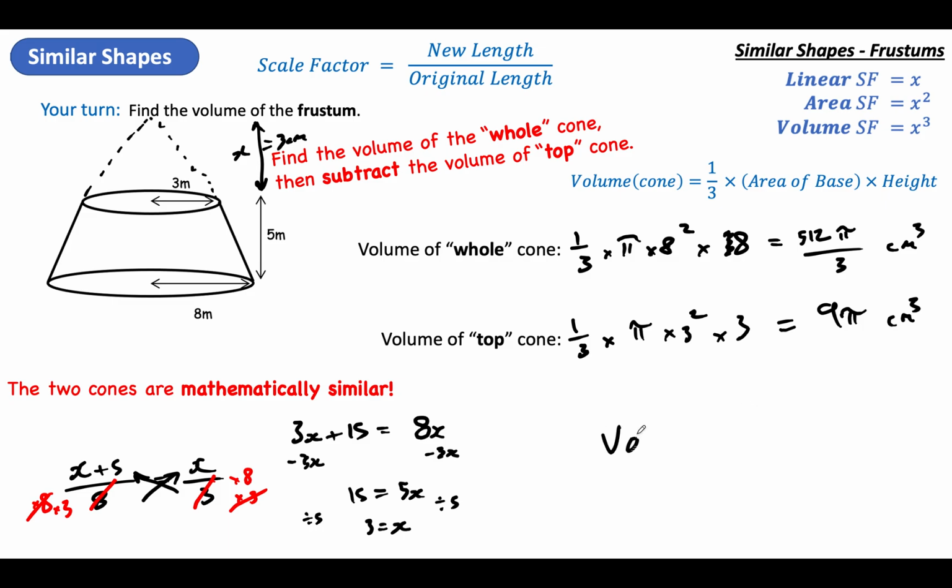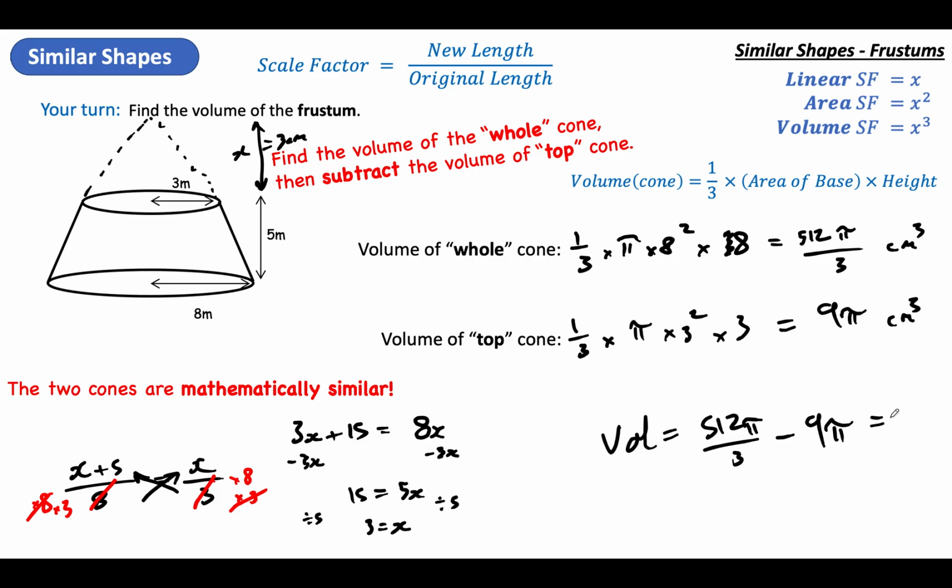So the volume of the frustum is the volume of the top bit take away the volume of the small cone. Oh, not the top bit, it's the volume of the whole thing, take away the volume of the small cone is what I'm trying to say there. Take away 9 pi equals 485.